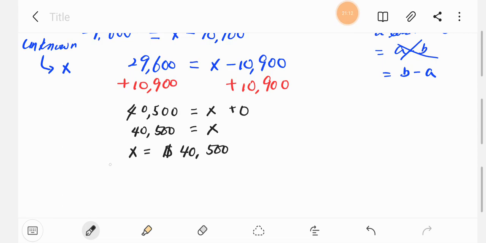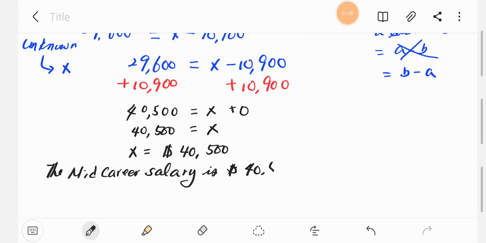Okay, so we can write something like this: the mid-career salary is $40,500. Okay, so there are a bunch of exercises in the textbook, so please try as many exercises as possible.